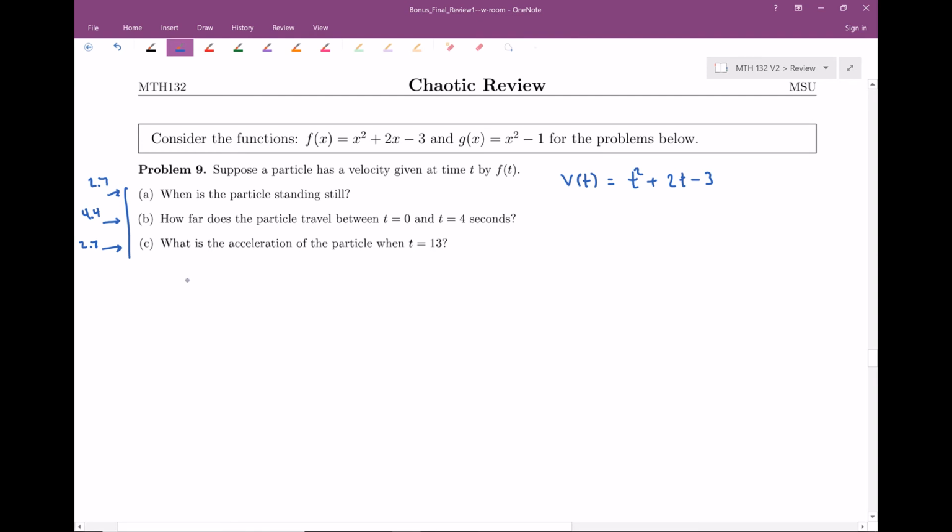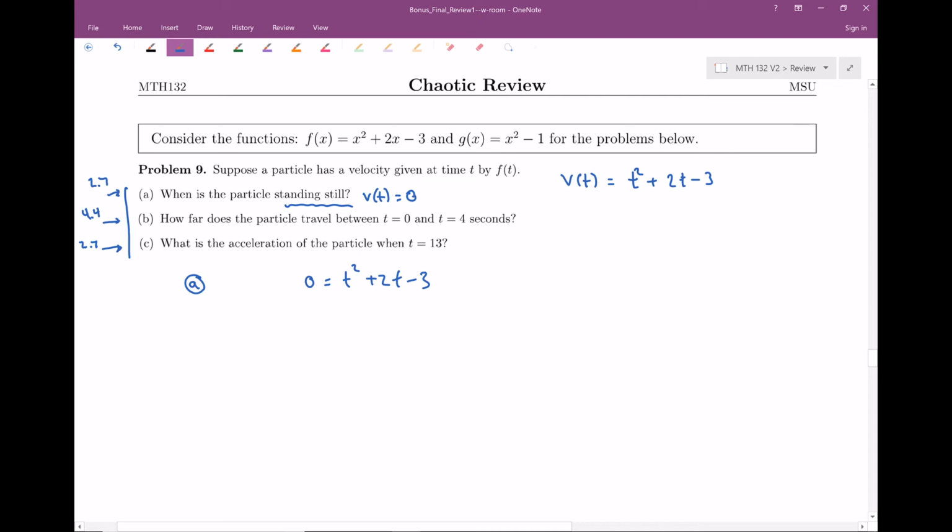Starting with A, these ones usually have a bit of interpretation to them. When is the particle standing still? We need to remember standing still is one of these code words. It means that the velocity is equal to 0. So if the velocity is equal to 0, it's standing still. So I'm going to set my velocity equal to 0 and solve. t squared plus 2t minus 3.